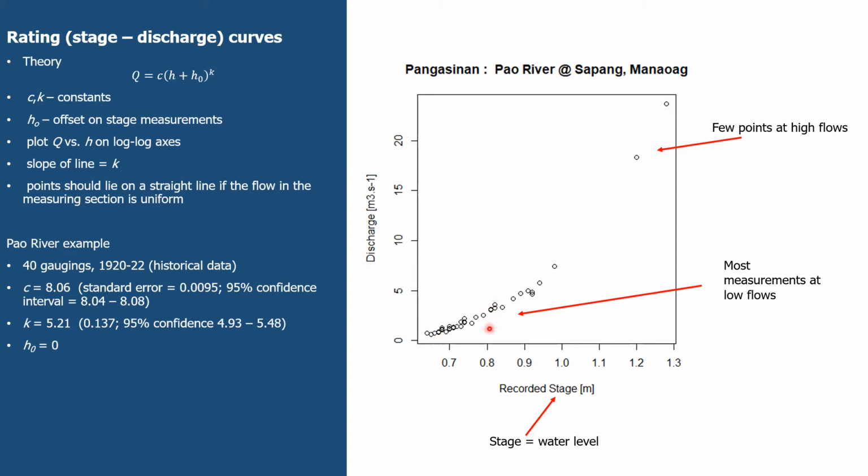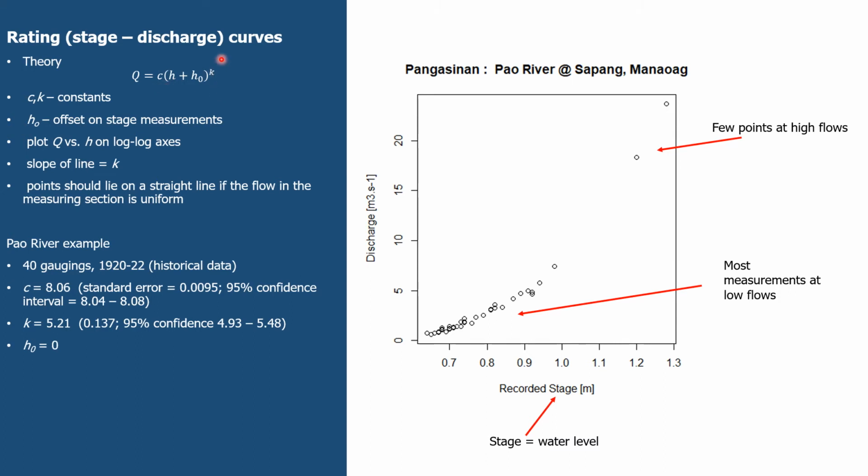Now, because this is a curved relationship, we will fit an equation to that data, which is of this form, a power law. So we relate the discharge Q to two constants. One is a constant here, C, that we multiply by.